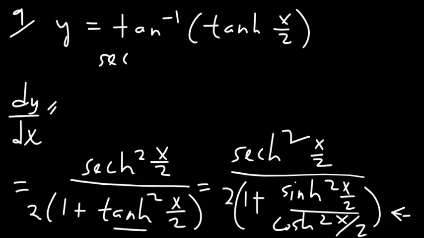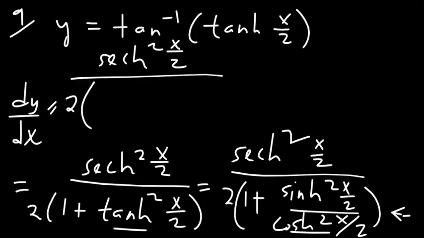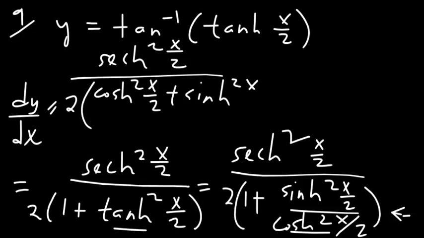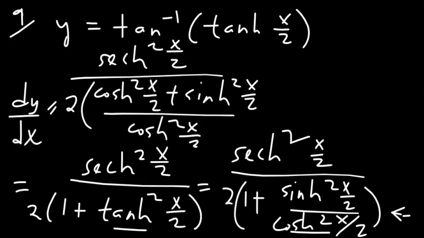So the top remains, and the bottom, this is hyperbolic cosine, so let's make the denominator the same, plus hyperbolic sine x over 2 squared over hyperbolic cosine x over 2 squared.